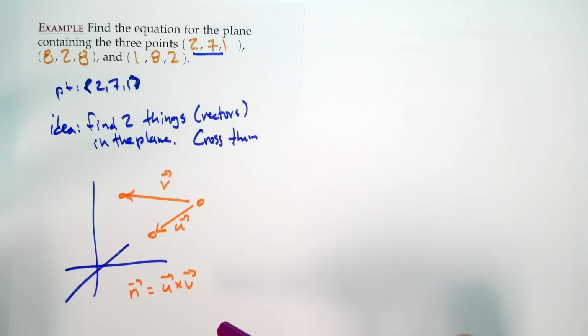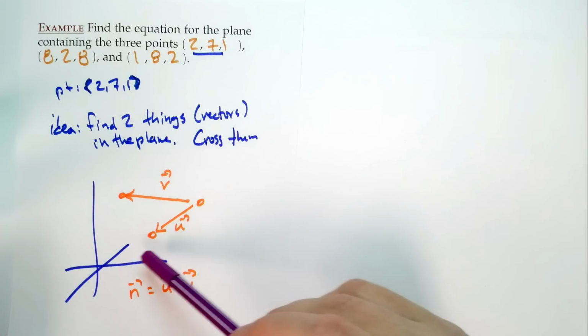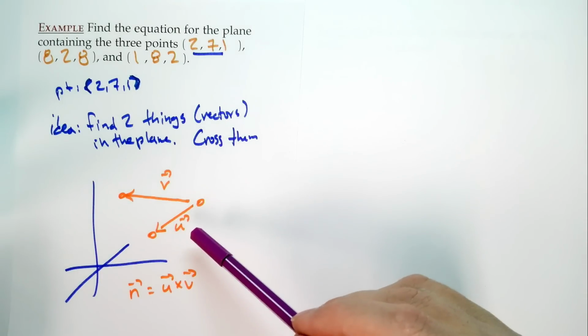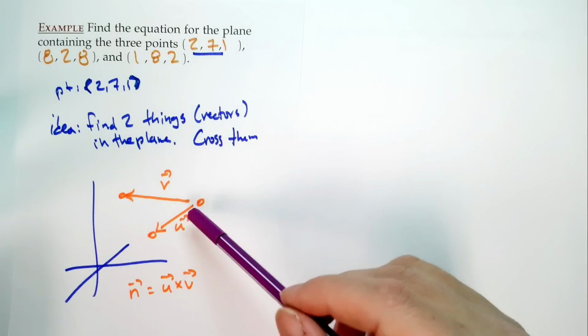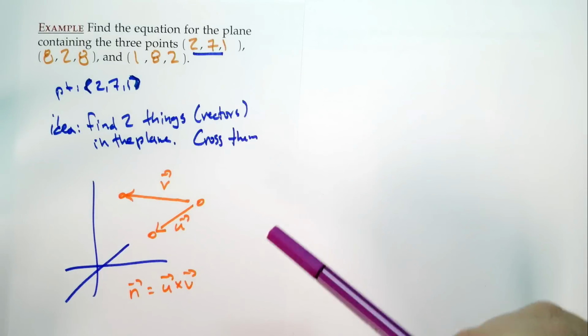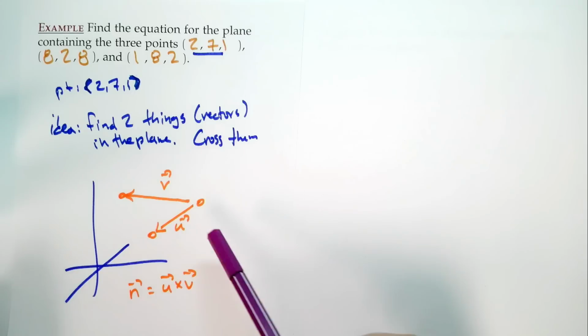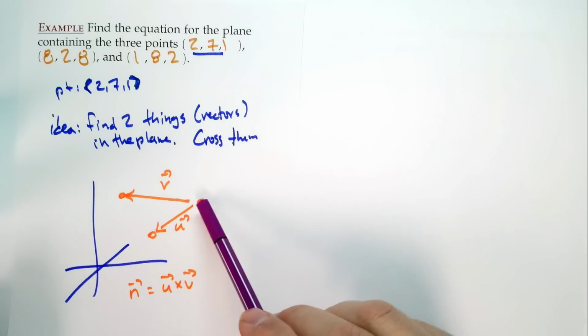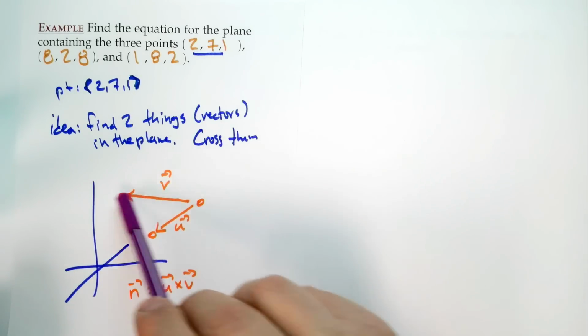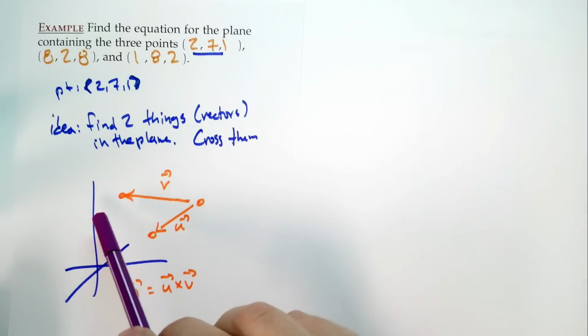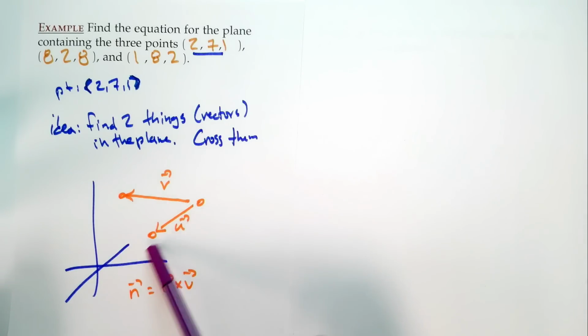So in particular, suppose I look at my 3 points, and here they are, maybe. Well, we just need intuition. I form a new vector going between 2 points and a different vector going between 2 other points. These are vectors in the plane.